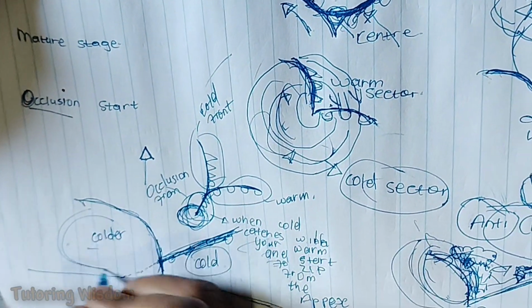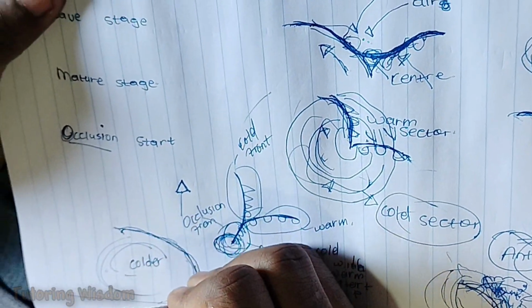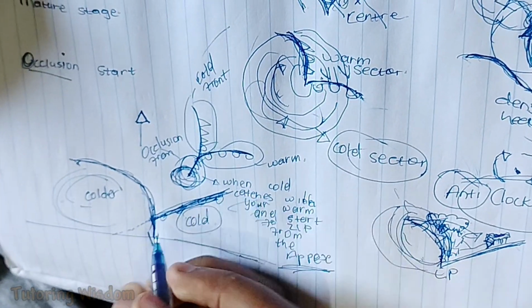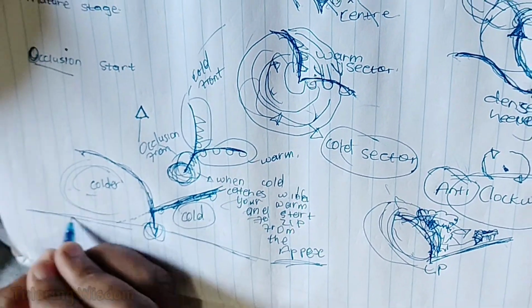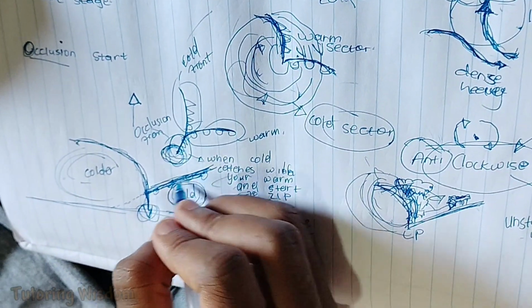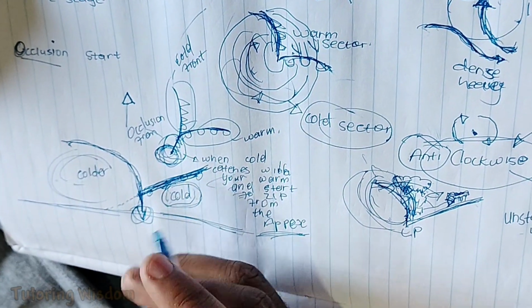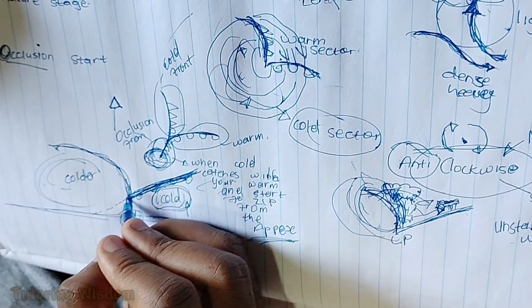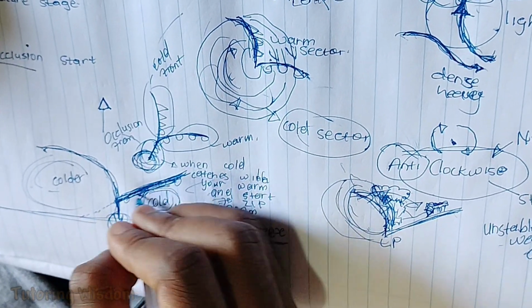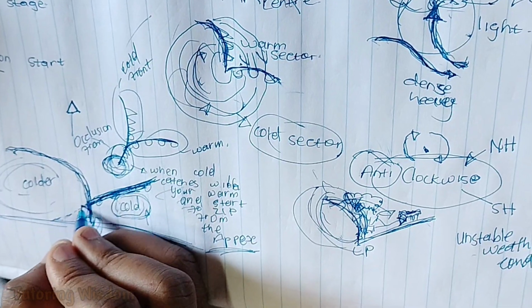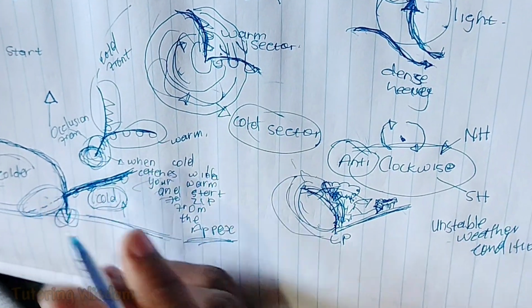So if this air is colder, that means it will start to descend and sink, right? Which will touch the ground. So this is your ground. Now since this air behind the warm front is a little bit cooler, it will start rising, causing this warm front to undercut, right? So that's why we don't have your warm front there.